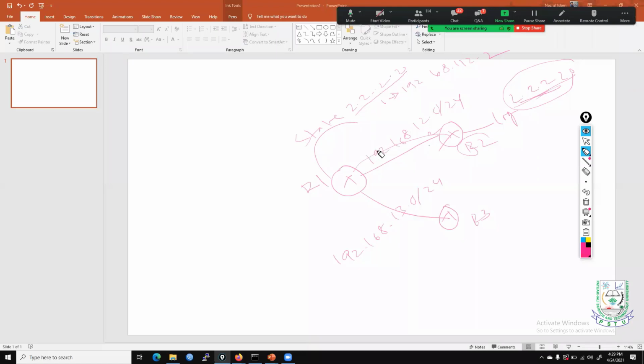Then in strict mode it checks the second criteria: does it use the same interface to reach the source? That means, to reach 2.2.2.2, is it using the same interface? If it uses the same interface, then the traffic will be passed. When we ping from here using the loopback, the traffic will pass.